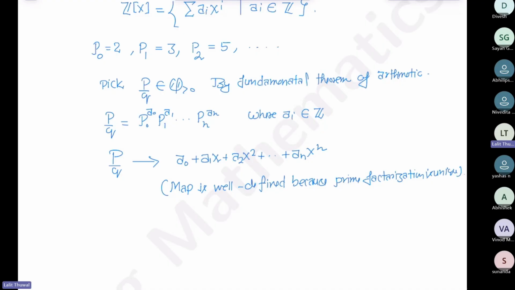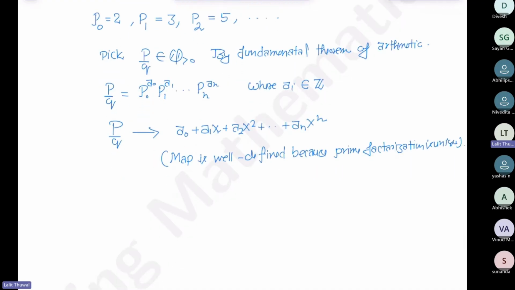Okay, the map is well defined and it's not really difficult to prove that this map is a homomorphism, and it's clearly onto, right? And it's also one-to-one, because say something goes to 0, P by Q goes to 0. What does that mean? That means P by Q is equal to 1.